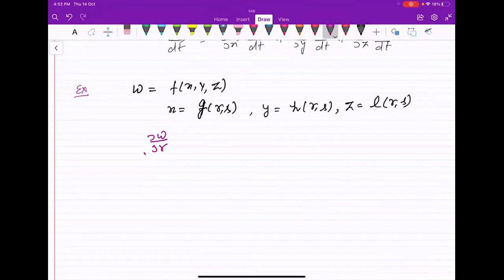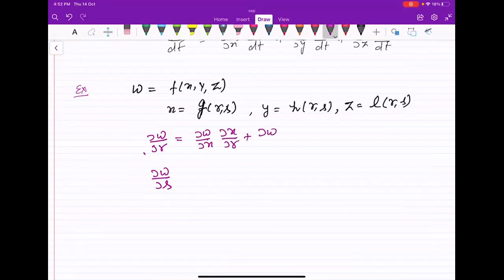So you cannot compute the total derivative of w. You can compute only the partial derivative of w with respect to r or with respect to s. So del w over del r would be del w over del x times del x over del r, del w over del y times del y over del r, del w over del z times del z over del r.